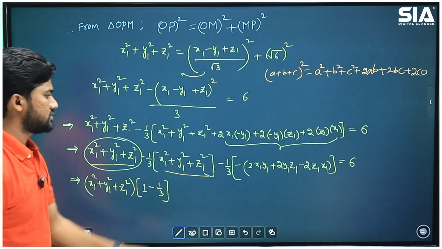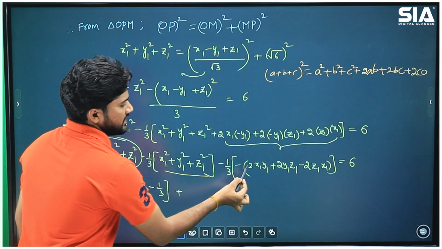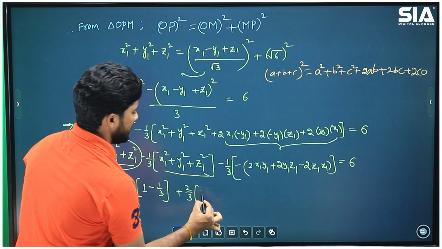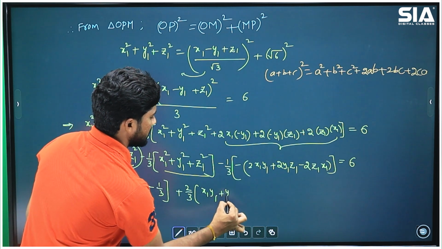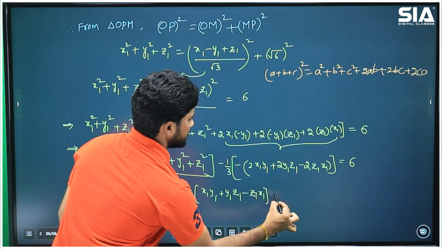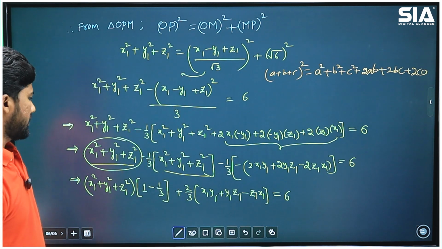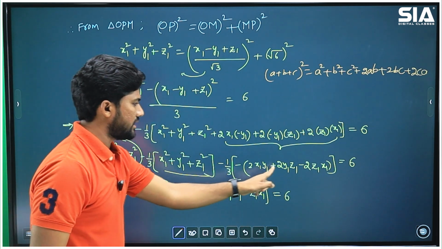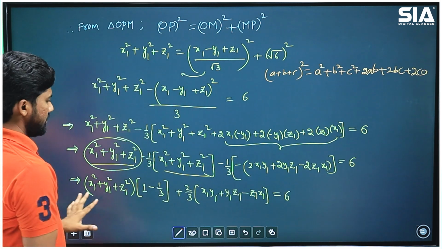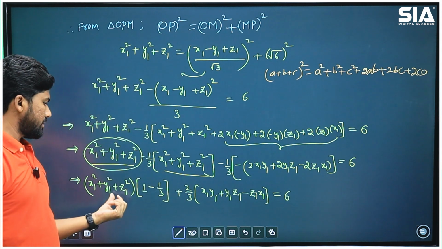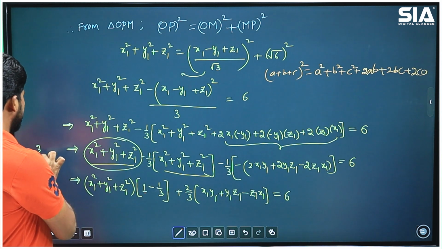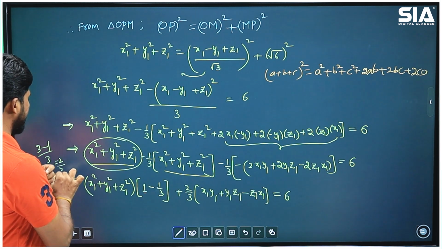Minus into minus is plus, take 2 also common: 2 by 3 into x1 y1 plus y1 z1 minus z1 x1. So this is equal to 6. Now simplify this value: 1 minus 1 by 3, take the LCM, 3 minus 1 by 3, so you will get 2 by 3 only.